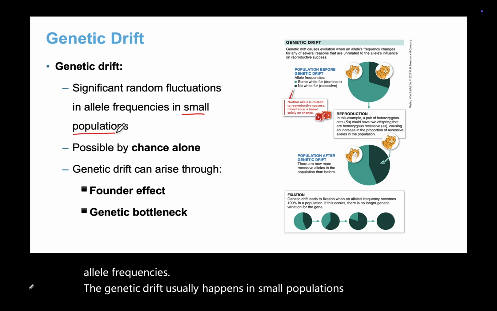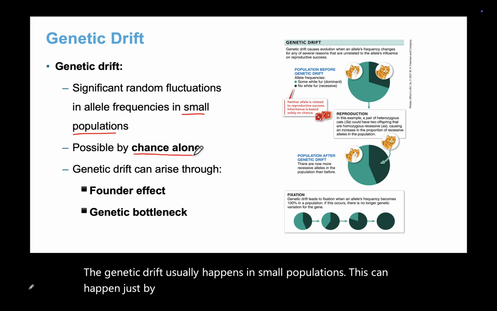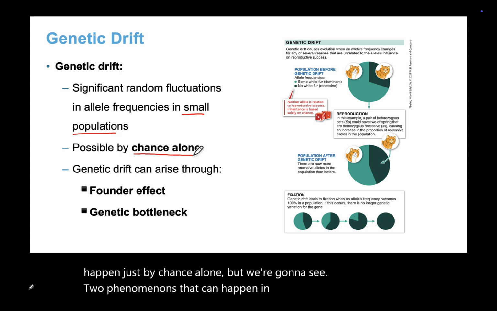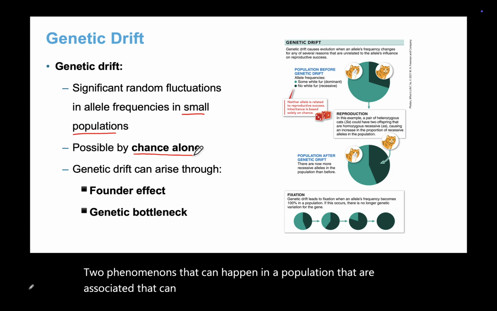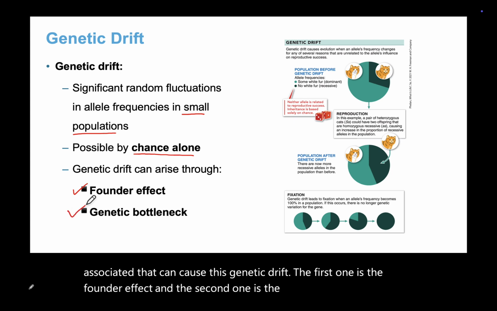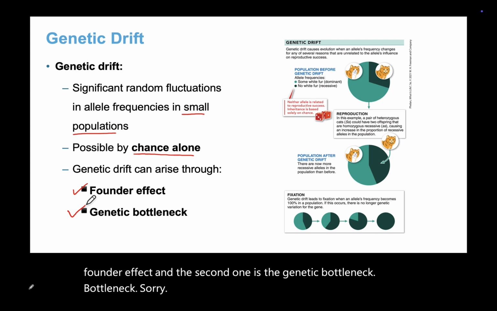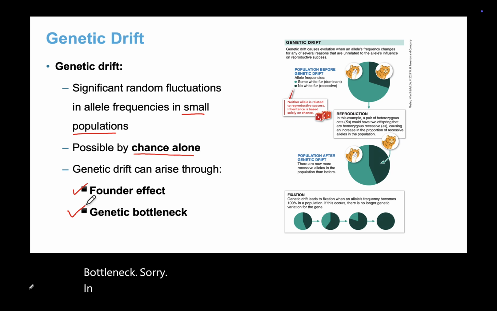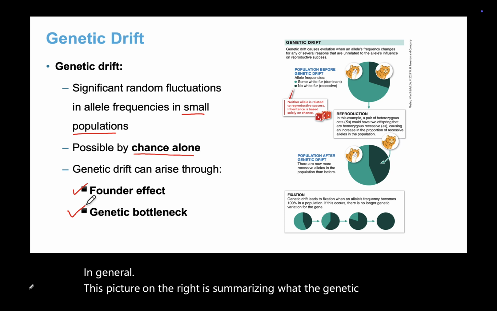This can happen just by chance alone, but we are gonna see two phenomena that can happen in a population that can cause this genetic drift. The first one is the founder effect, and the second one is the genetic bottleneck.